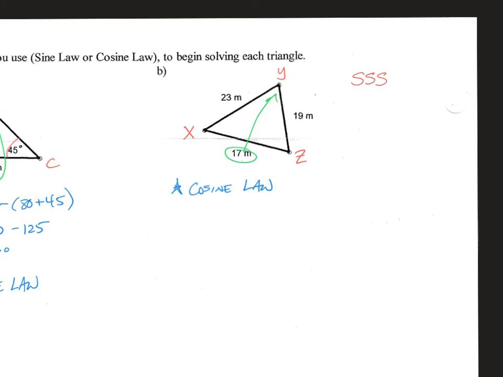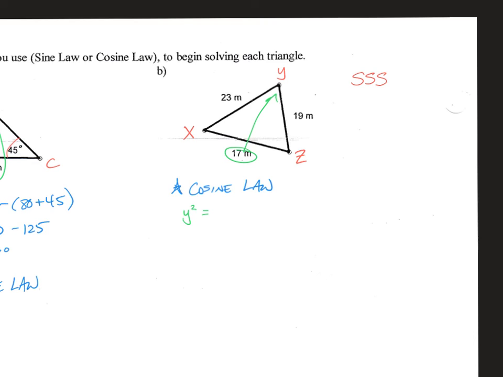So since side Y is the smallest, that means angle Y must be the smallest. I'm going to now use cosine law to find angle Y. That means I need to put down side Y all by itself. So let's pause the video right now and see if you can finish off your version of cosine law.